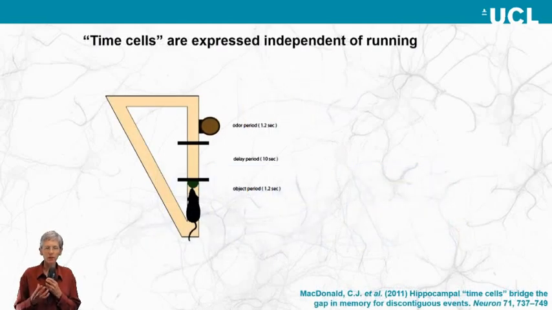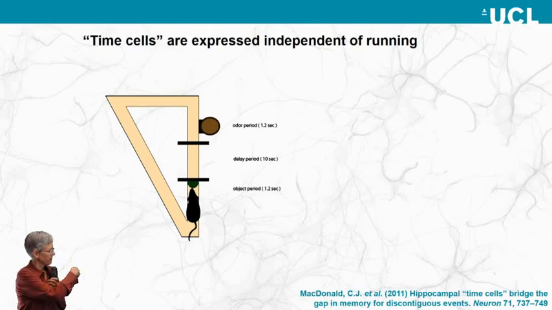A similar phenomenon was reported not long after for another task in which a rat had to wait for a period of time, but this time it's not running. So the only thing that's happening during that interval is that time is passing. It's another one of these linear track tasks. In this case, the rat had a memory task to perform.